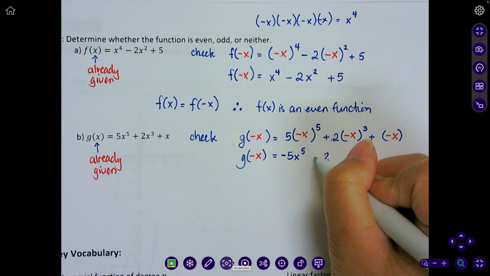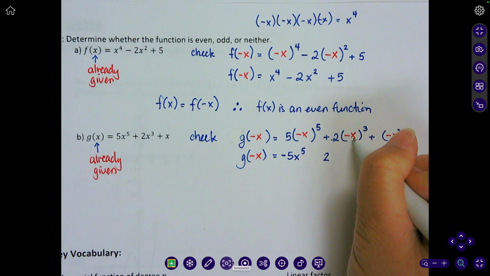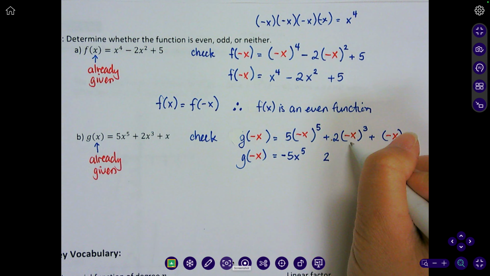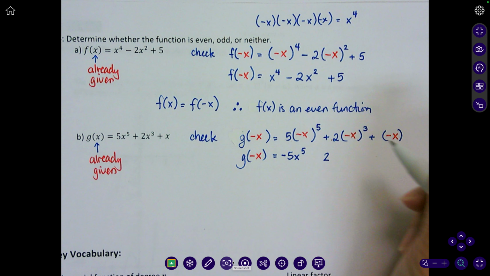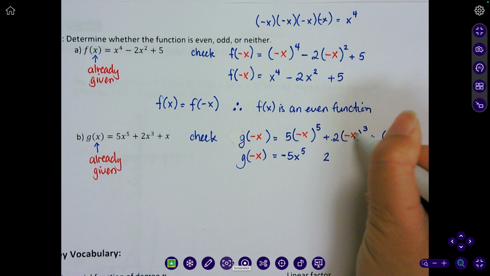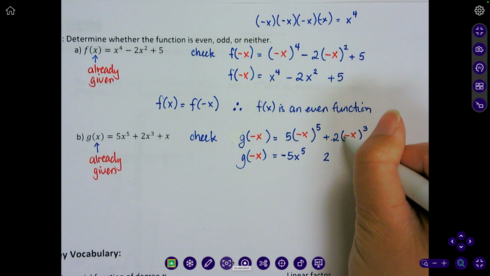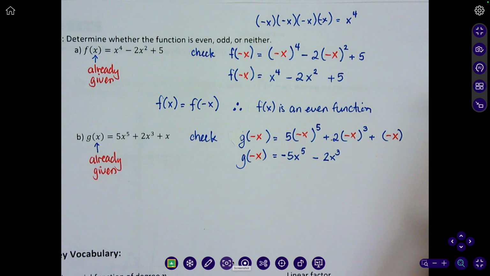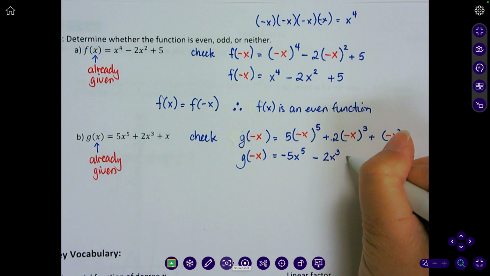I'm not going to write the plus because I can see here that a negative x to the 3rd power, what is that? Negative x to the 3rd. Your value is going to be negative because you're going to have 3 of the negatives, right? So if I times that with the positive, that's going to be negative, and then x to the 3rd. And then this is going to be negative x.